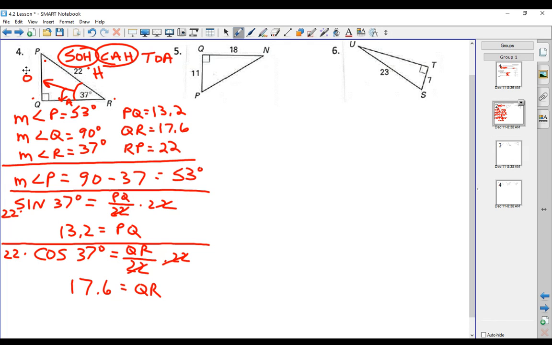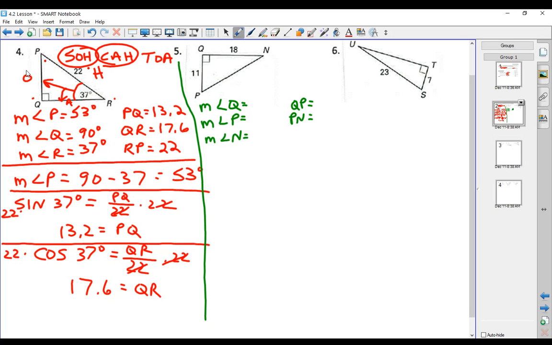All right, let's look at the next problem here, number 5. This time we're given 2 sides of the triangle and the right angle. So let's make a list of our pieces again. We've got the measure of angle Q, the measure of angle P, and the measure of angle N. And as far as our sides are concerned, we've got QP, and we've got PN, and we've got NQ.